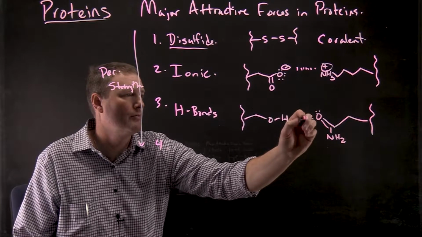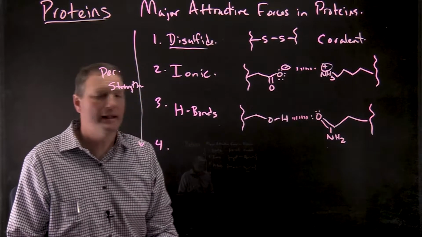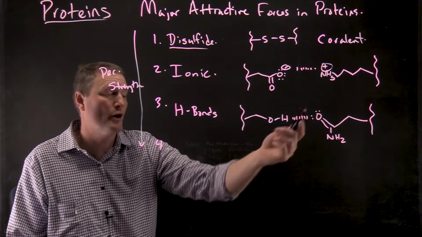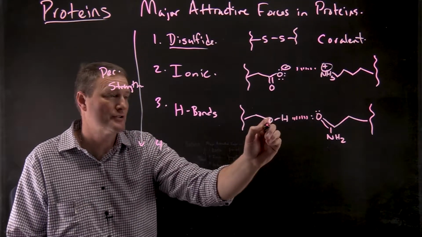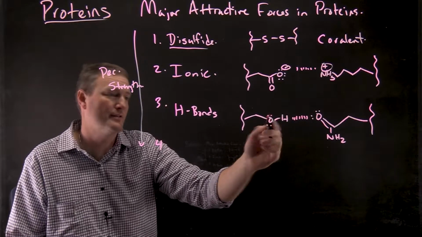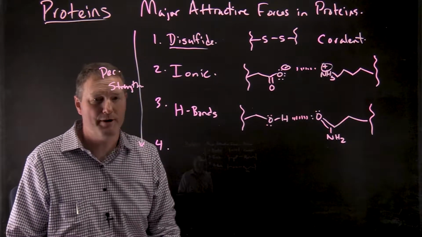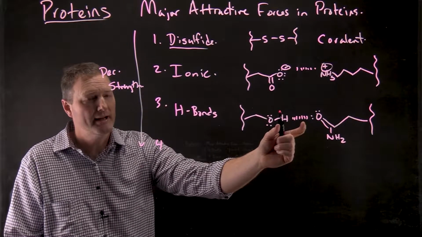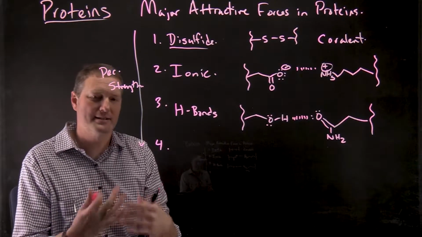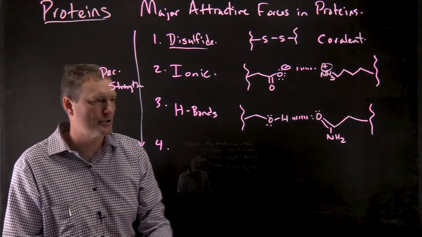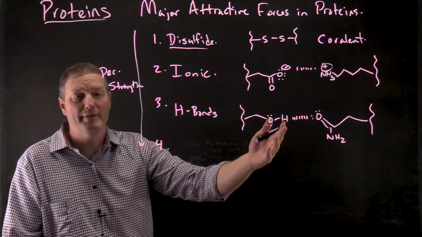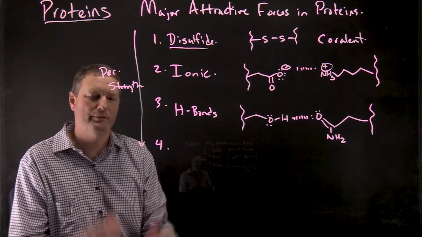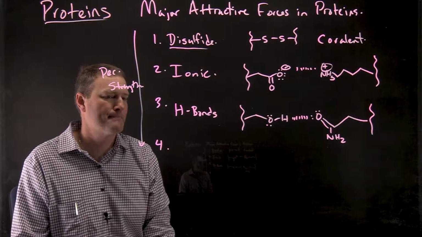This could now form a hydrogen bond in this way between the carbonyl and the OH. Alternatively, you could potentially have a hydrogen bond between the oxygen of a serine and the NH of asparagine. So hydrogen bonds individually are fairly weak. However, a fully folded protein that exhibits both secondary and tertiary structure can have several hundred, maybe even 1,000 different networked hydrogen bonds that help hold the fully folded structure together.